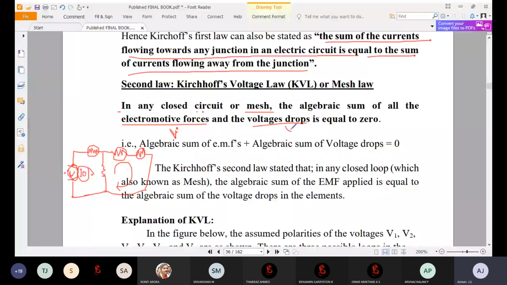You know how many resistors you are using, that many voltage drops will occur. If you add those along with the electromotive force, it will equal 0. Here I am considering the electromotive force as positive and the voltage drops as negative, because the voltage source is used to deliver the power.